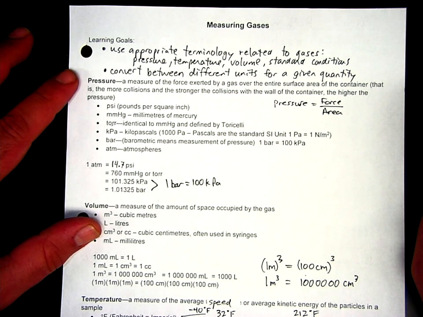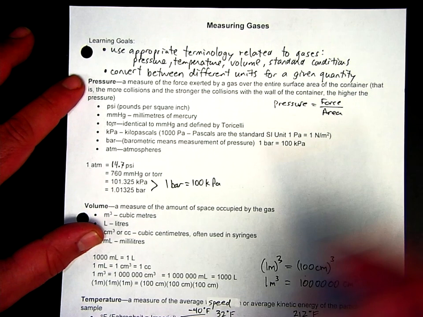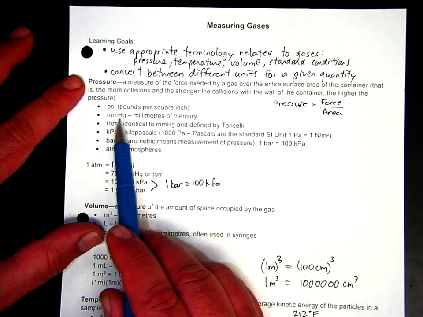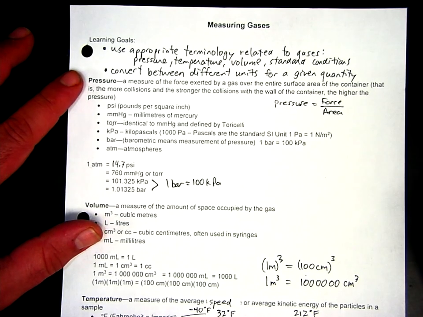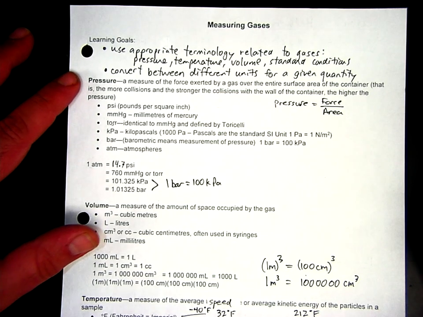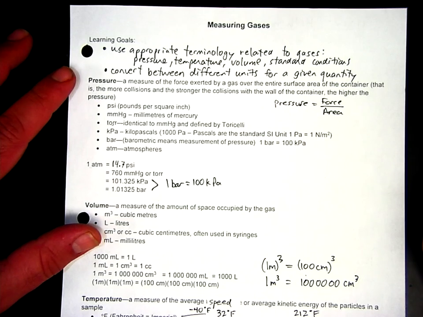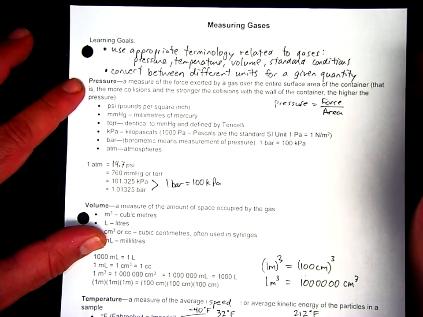Okay, and that's where this unit comes from. So millimeters of mercury. Identical to it is torr. This was because Torricelli was involved in designing this instrument to measure pressure, or atmospheric pressure. So these two are identical.